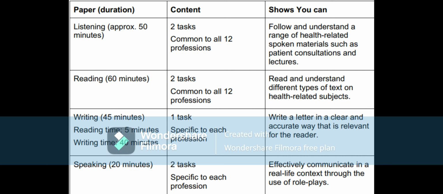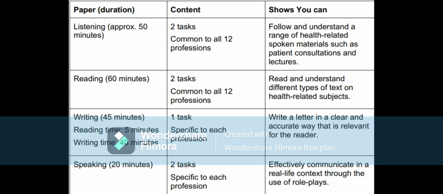If you are a physiotherapist, it will go to your profession. So not only writing, even the speaking completely varies by profession. But only the listening and reading will be common for all professions.